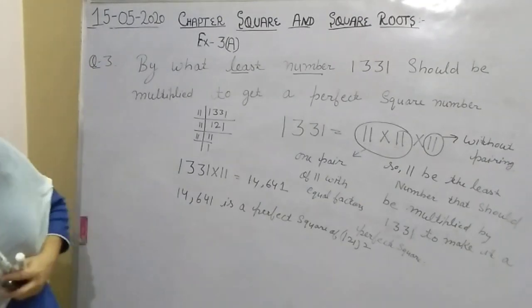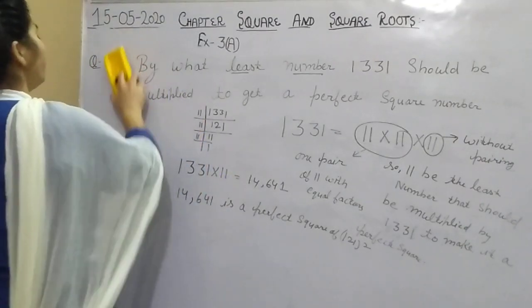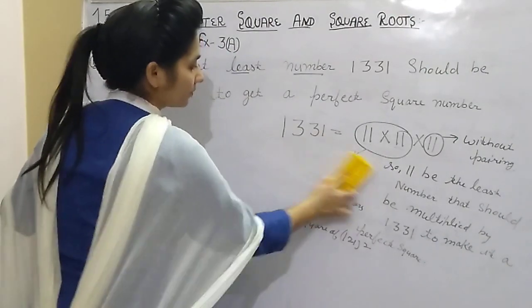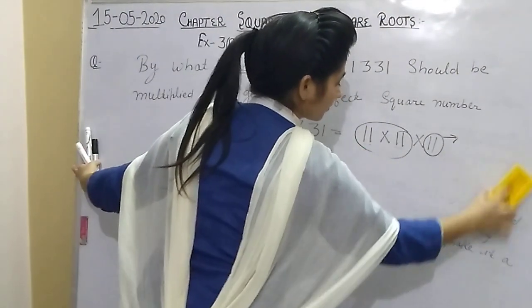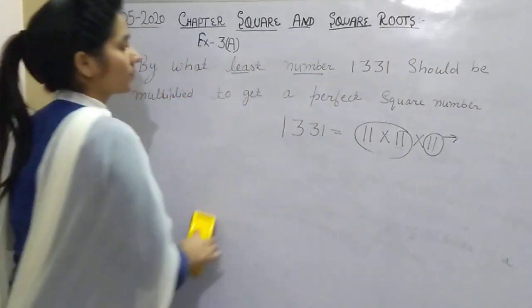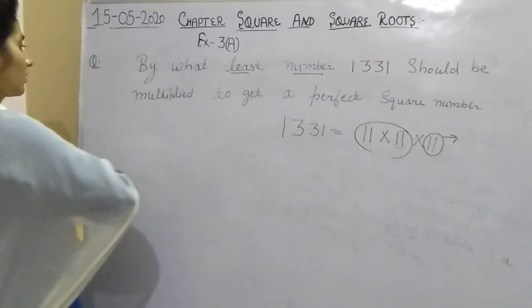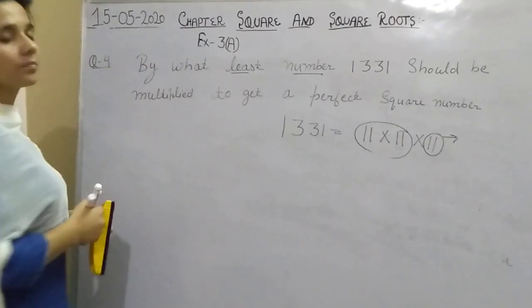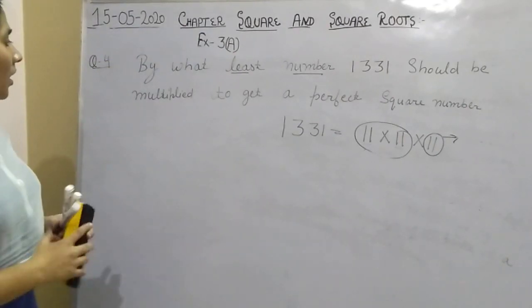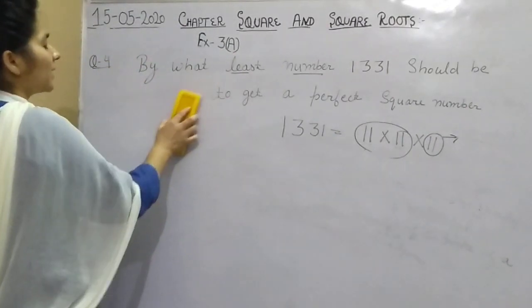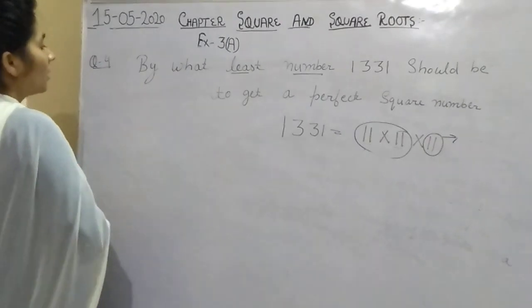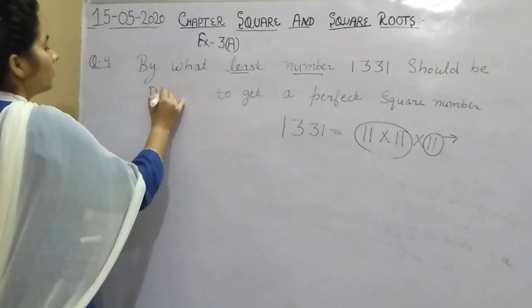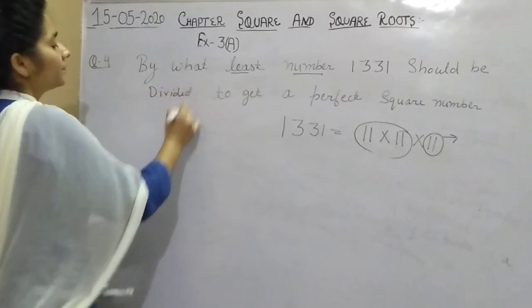Now the next question is question number 4, same as question number 3. But in this question, in place of multiplication, we have division.